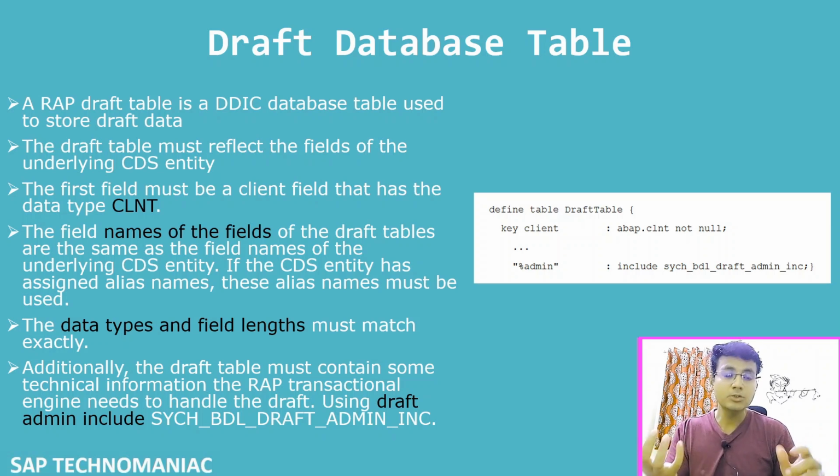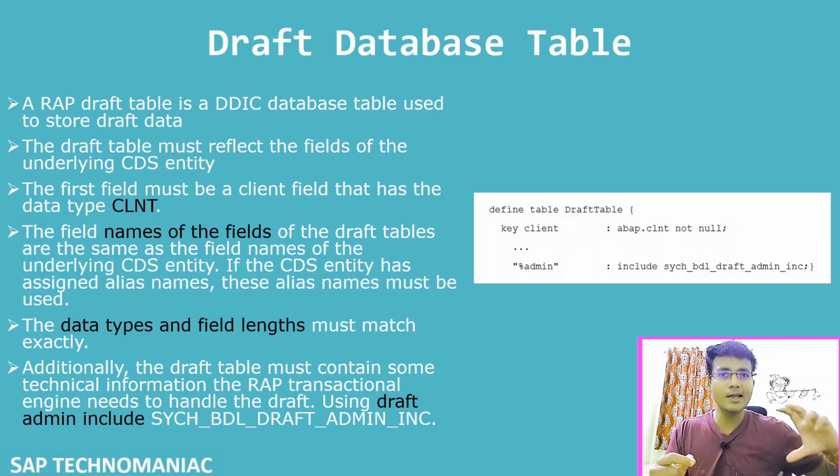The name should match, and the data type and length should match between the CDS entity and the draft table. Apart from this, we will have one include, named admin, at the end of the draft table.